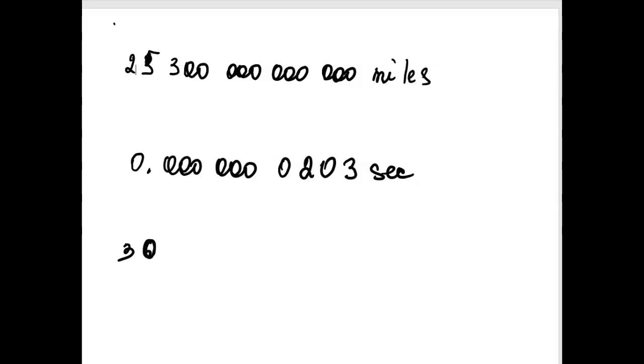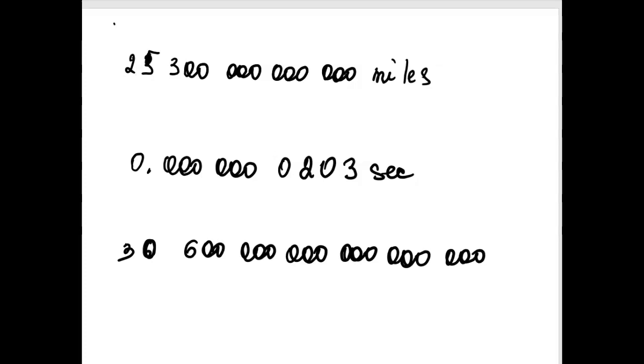It's going to be 0. And I need to count my zeros. So 1, 2, 3, 4, 5, 6, 7. 1, 2, 3, 4, 5, 6.